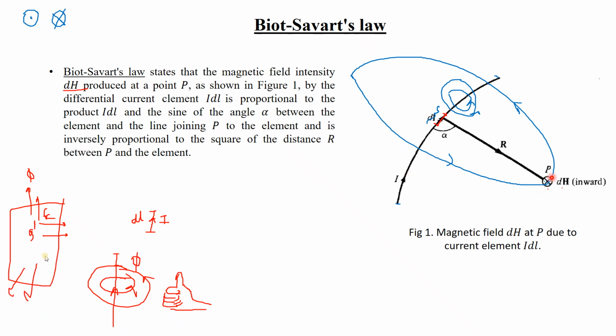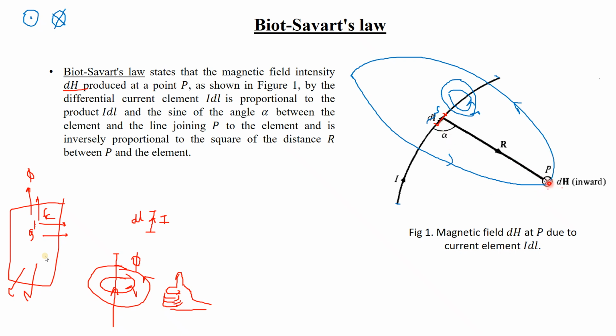So over here, since if you follow the arrow, it is entering the surface, it will be a cross sign over here. And if you draw another point over here, at the same distance, dH2, then you will have to give the dot sign because the flux is coming out from that particular surface. It's just the opposite.